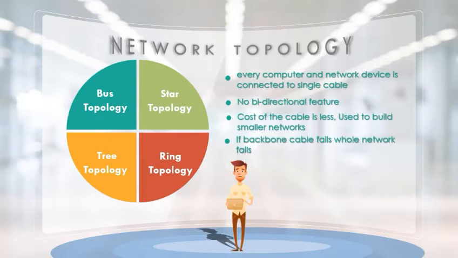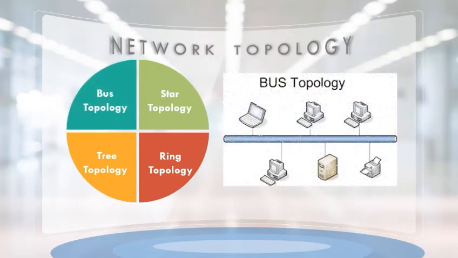That is the bus topology. This is a simple example figure of bus topology. You can see a simple backbone cable, and each and every device is connected to that backbone cable. If this cable fails, then the whole network will fail.